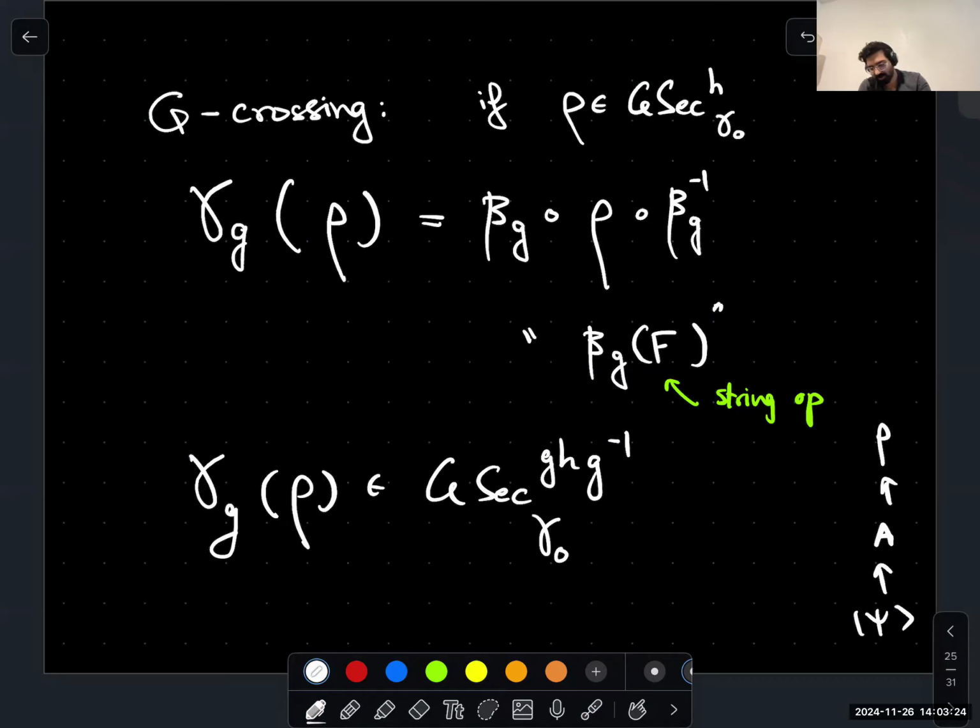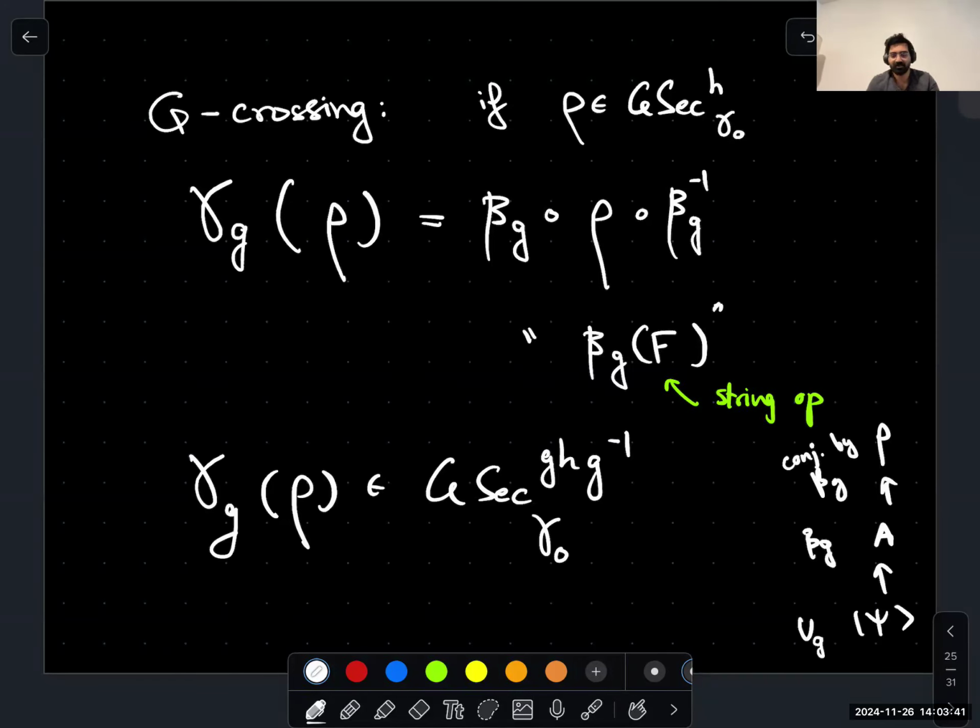So the symmetry action on a state is U of G, but the symmetry action on A is beta G, which is conjugation by U of G. And then the symmetry action on rho is conjugation by beta G.